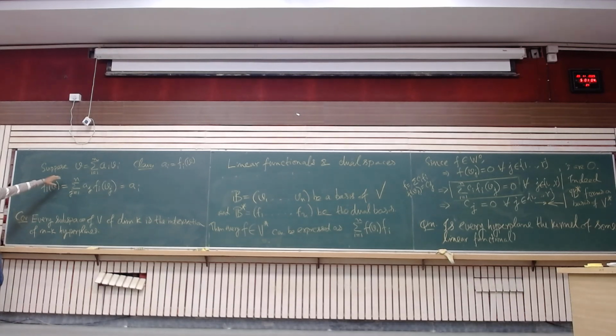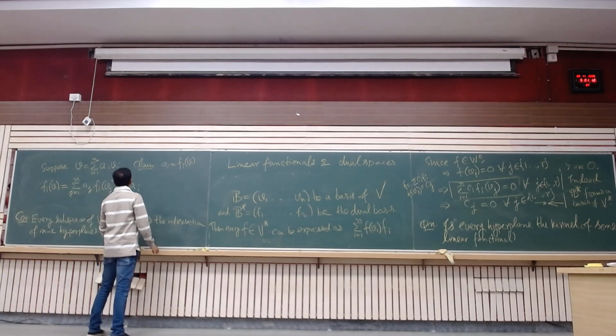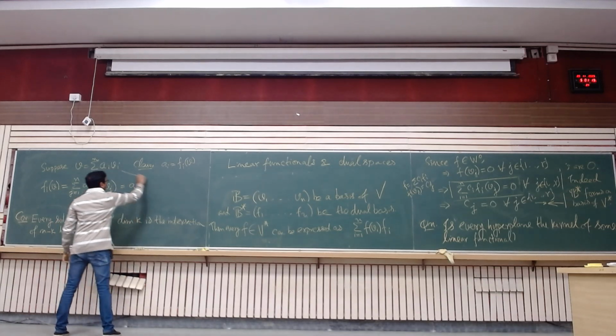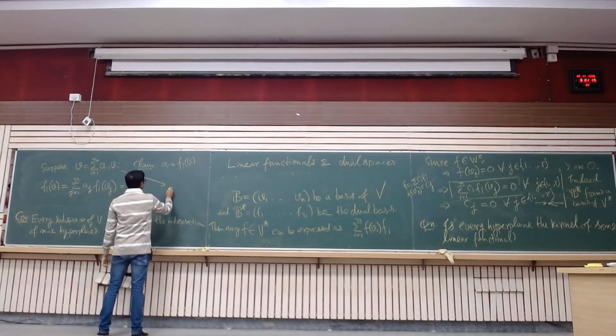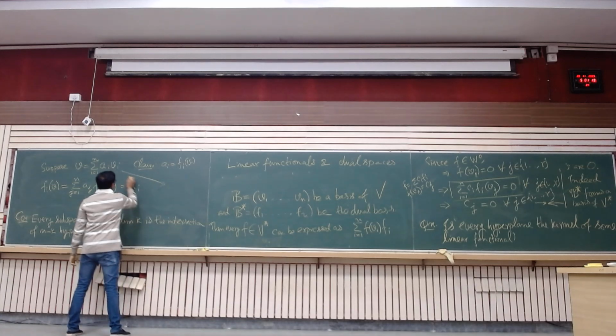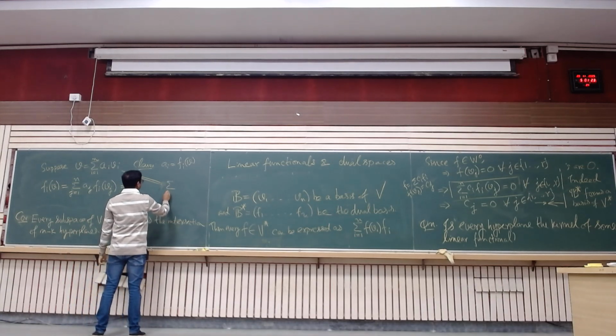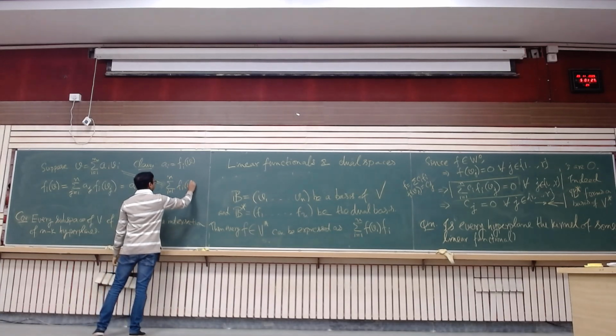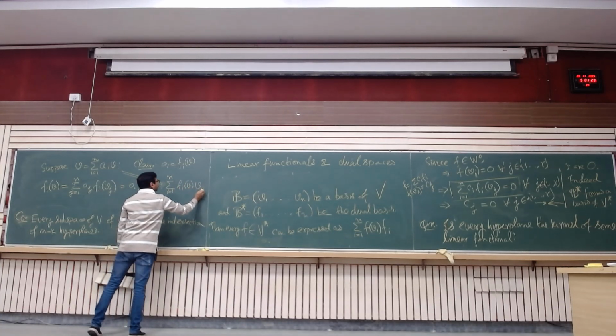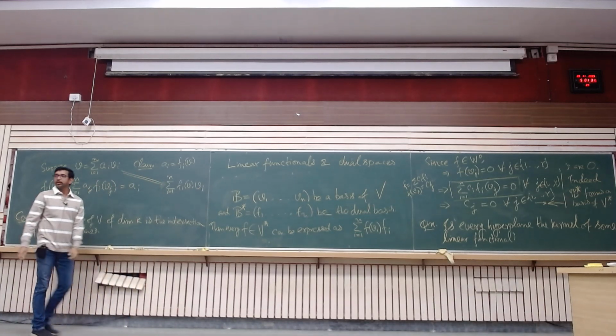So indeed, if you have v1 to vn as your basis, then you can write v as the summation, i running from 1 to n, of fi of v vi.